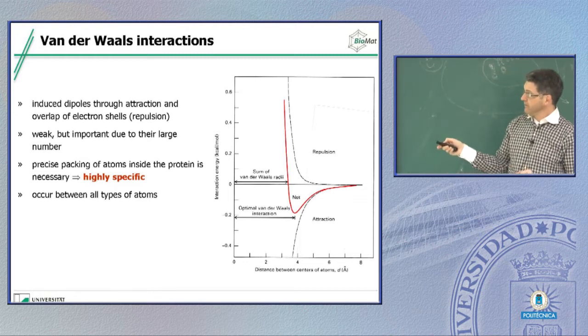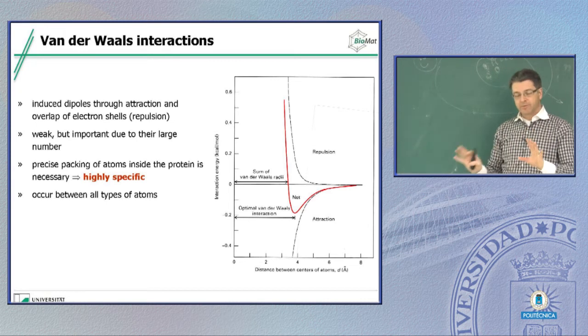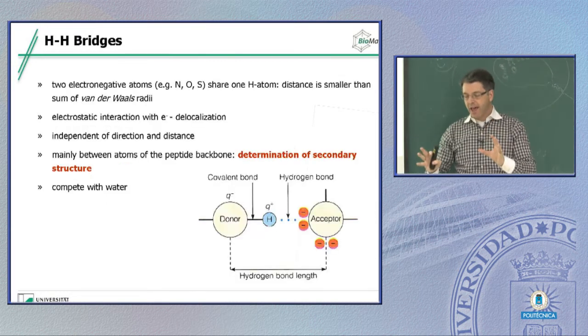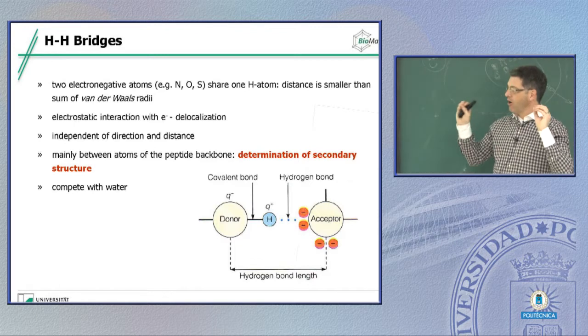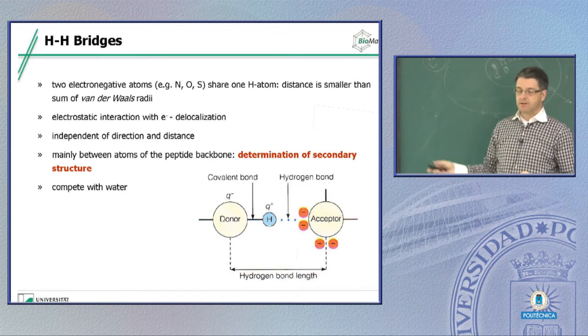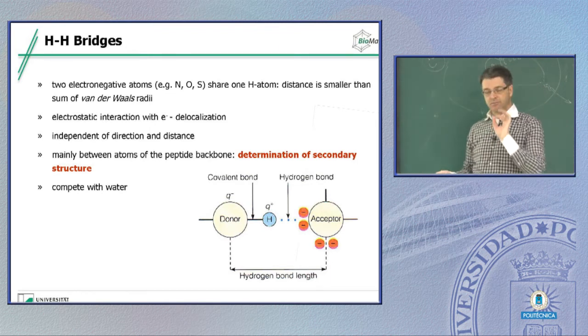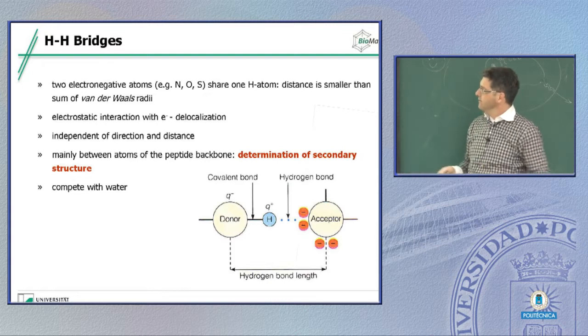So it's highly specific. The positive thing is it can occur between all types of atoms. So every atom in a structure can actually contribute to van der Waals forces, but the packing is important, it's very specific, and the distance between the two atoms has to be optimized so that you have van der Waals interactions.